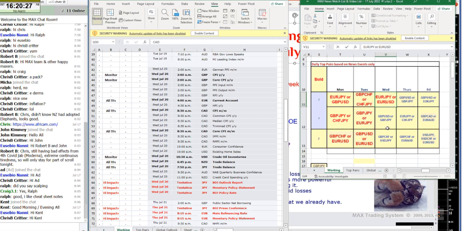Then we will have the euro Aussie, pound CAD. And then pound yen, pound US dollar.